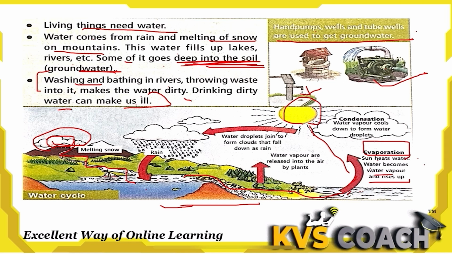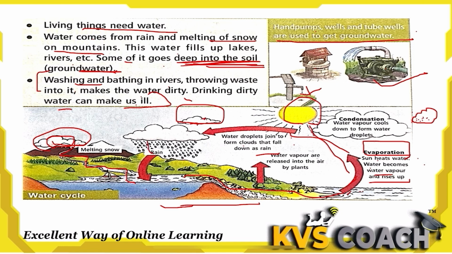If water evaporates, then where will it go? In the sky. Then water drops join to form clouds that fall down as rain. When many water drops join together, they form a cloud like this. They are joined and then they are making the shape of a cloud. This cloud falls down as rain.